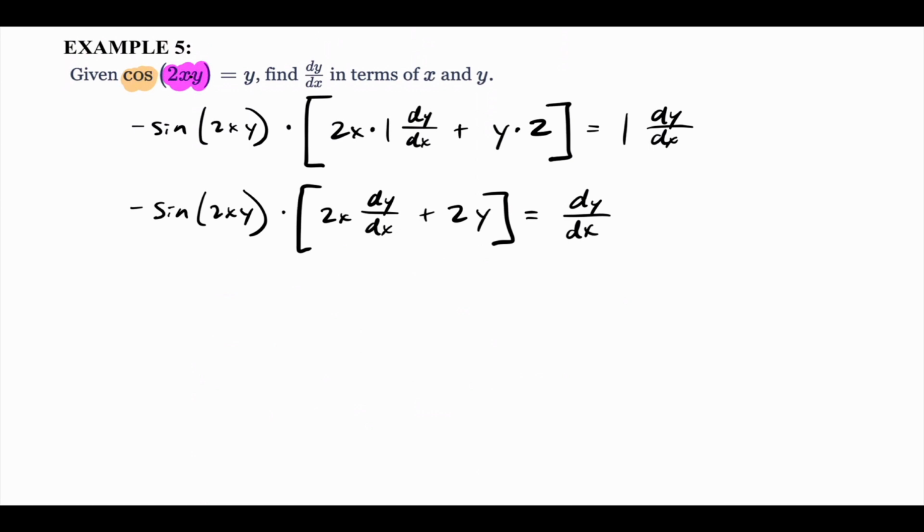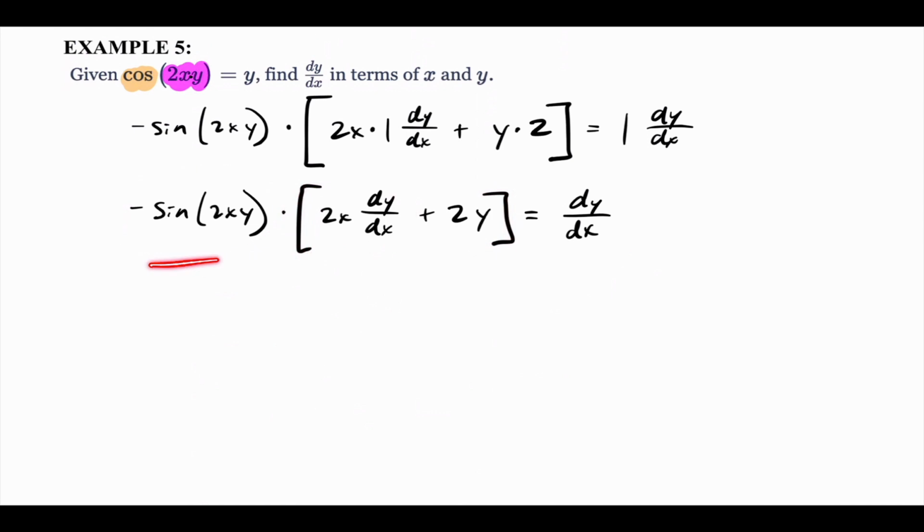So how do I get this guy over here with this guy? I have to do it mathematically correct. I can't just divide or add or subtract or multiply. I have to do it in a way that's mathematically correct. So I have this guy times this guy.